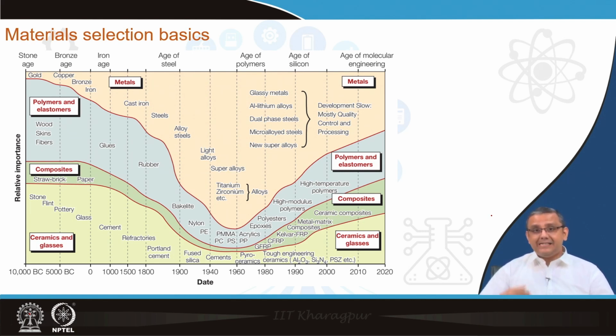But as technology improved more and more, we realized that there are other options. Yet as we see today, the importance of metals has not diminished, because most of the things around us, like structures and our vehicles, are made of metals and typically steels.